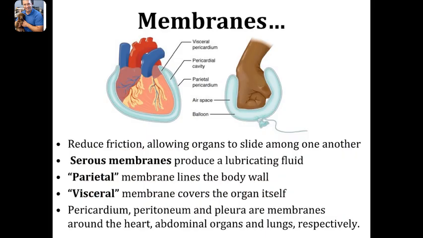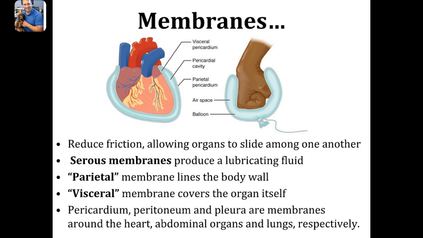Membranes, all right, are cool. Whenever there's an anatomical structure that's moving around, such as the heart that's beating 60 to 100 beats per minute within our mediastinum, or our ventral body cavity, superior aspect of it right now.